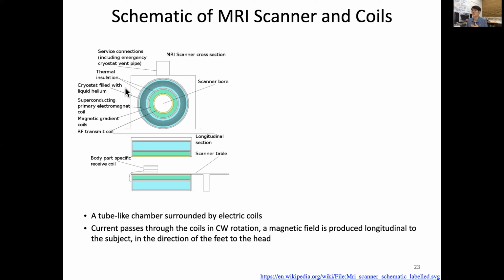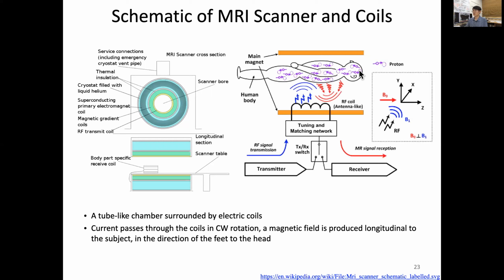We need liquid helium too, because there's a lot of energy and heat generation, and we need liquid helium to cool down. Magnetic gradient coils are inside, and RF transmitting coils are there. This is a longitudinal section. These small ones are used for a specific body part, so it's a specific receiver coil.